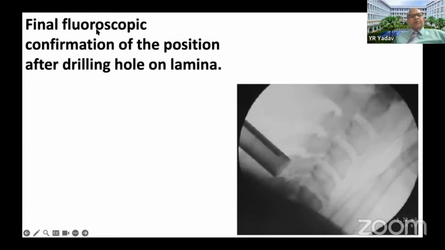Initially use fluoroscopy to find where the incision should be given, and then when you have exposed the lamina, take the fluoroscopic C-arm again to find out where you are. I make a hole, drill it partially in the lamina, and then find out where I am.